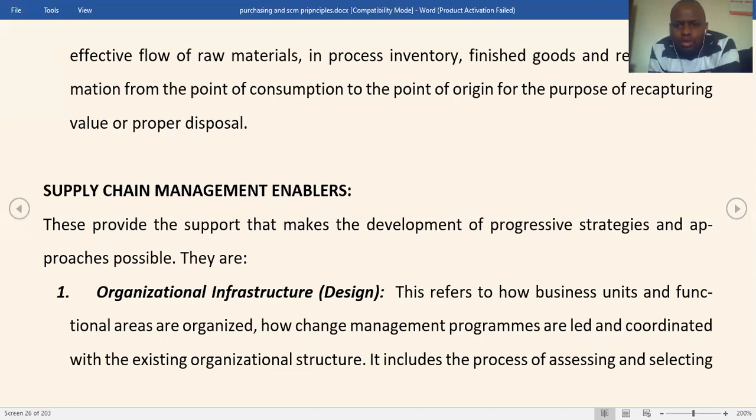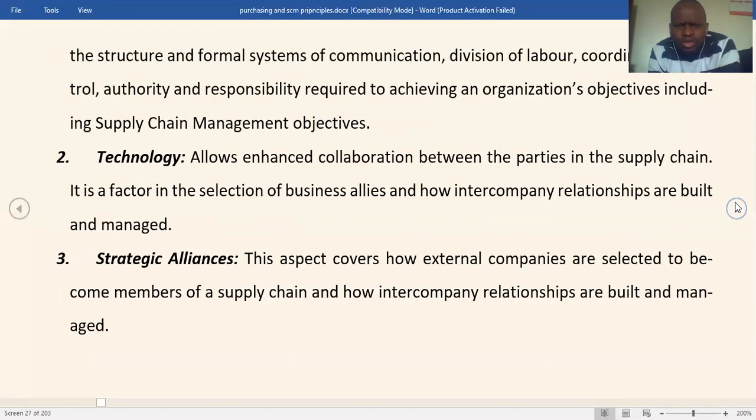This refers to how business units and functional areas are organized and how change management programs are led and coordinated with the existing organizational structure. It also includes the processes of assessing and selecting the structure and formal system of communication, division of labor, and at the end of the day, how the organization is going to achieve its objective.